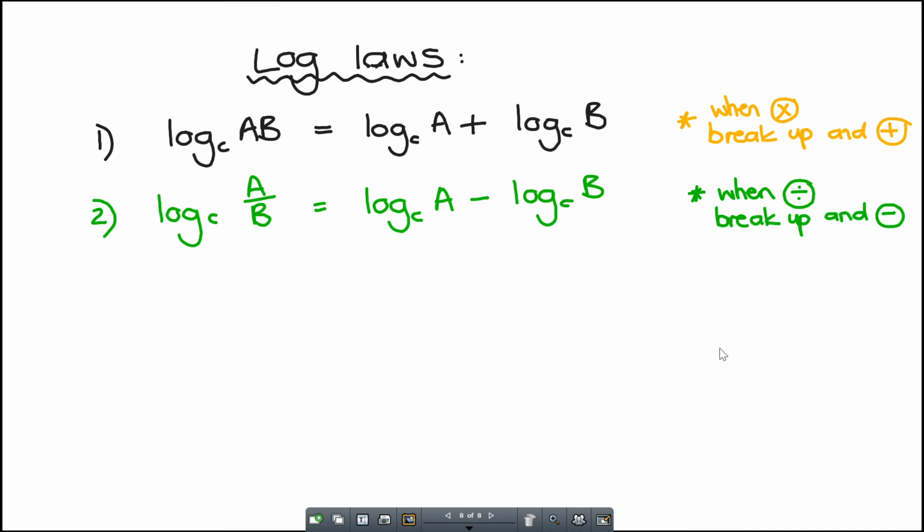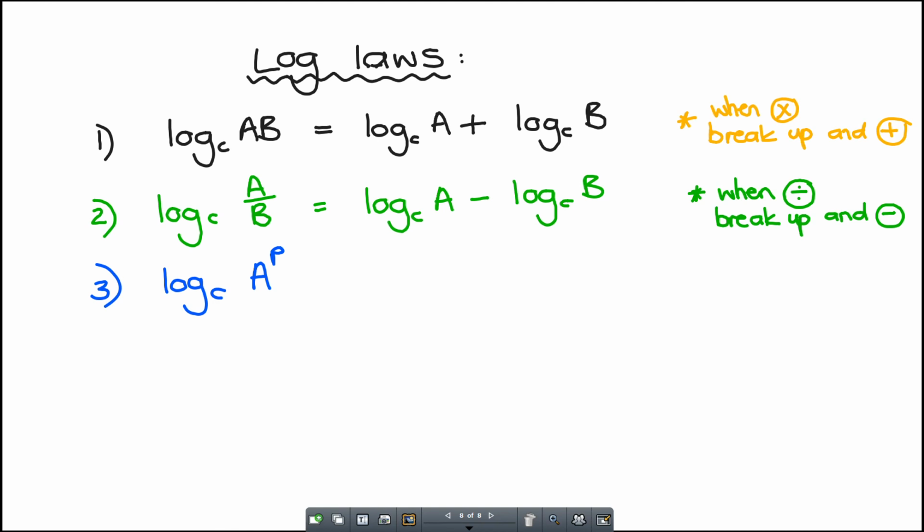Okay, right. So everyone fine with those first 2 laws? Okay, number 3. When I have log A, maar nou kyk gou hier, to the power of P. Nee? Now, we're not used to having an exponent in logs, nee?